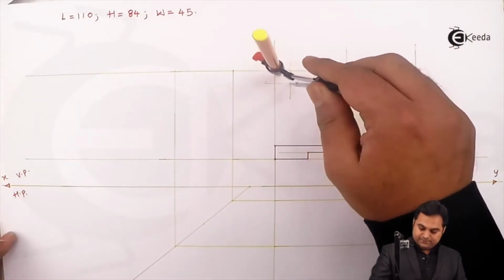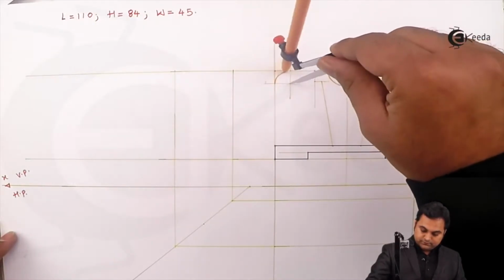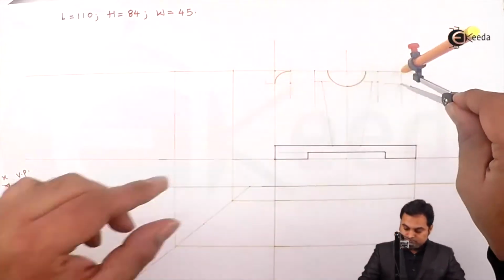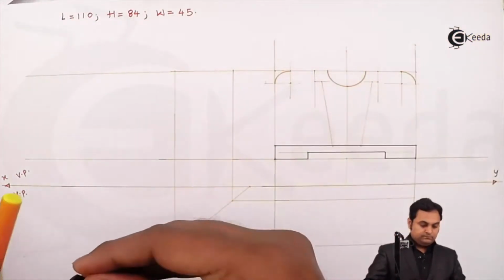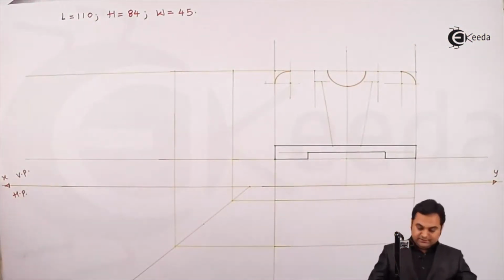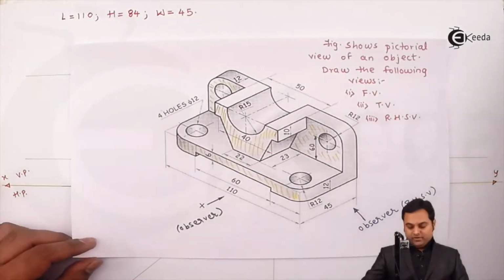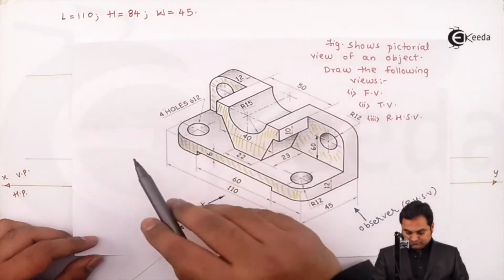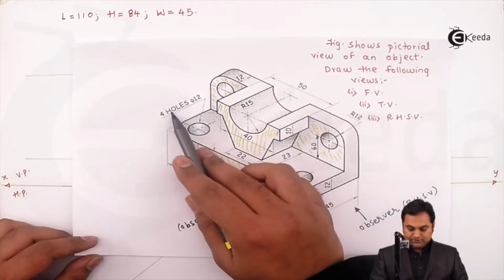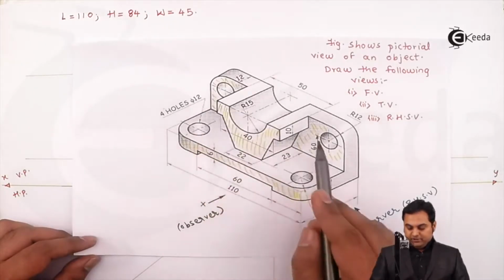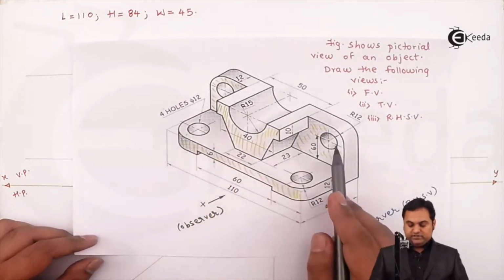Keeping this center, after that there are two circles if we see here, and it is very important here, four holes having 12 mm diameter. So the diameter of all the circles is 12 mm.